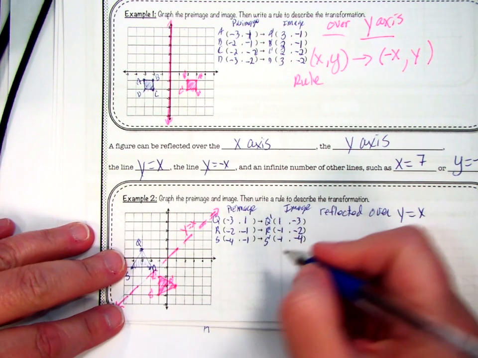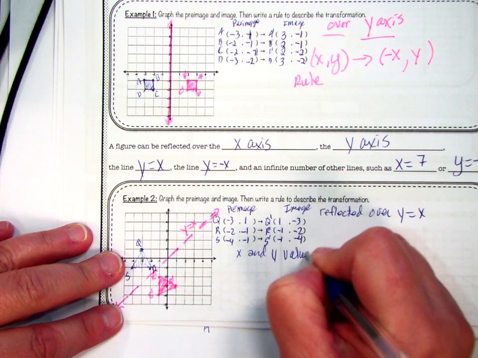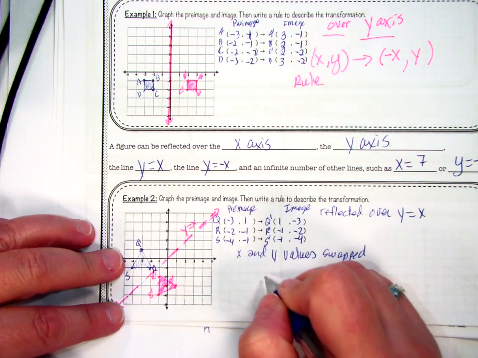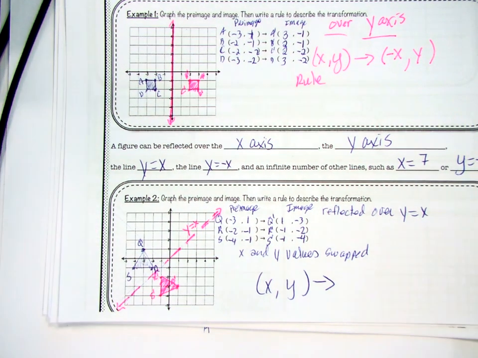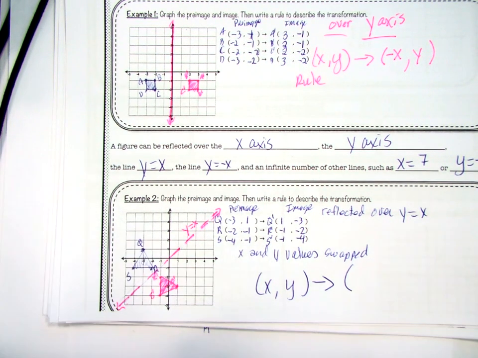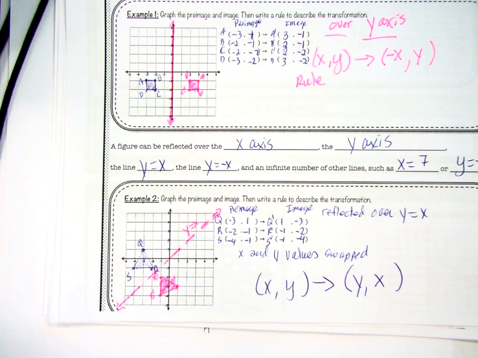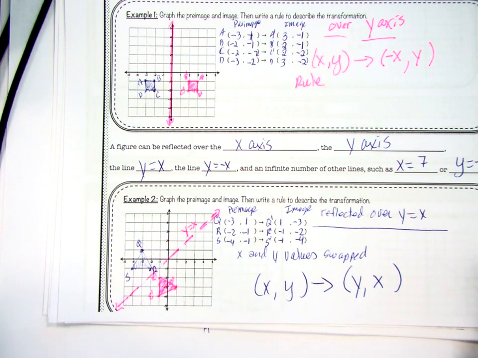So the x and y values swapped. The rule would look like this: for every point in our figure, the x's and y's will flip. They're not going to change signs, they're just going to flip places. This is for being reflected over the line y equals x.